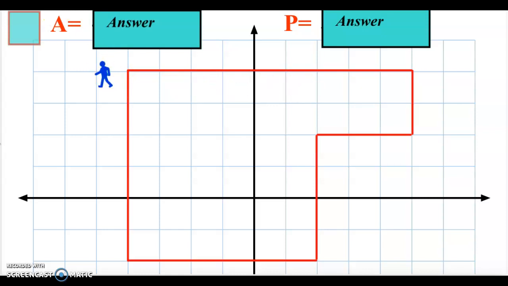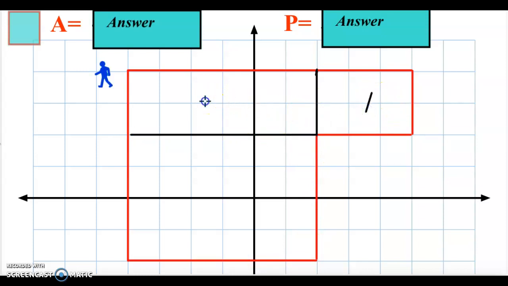For example, I can break it up different ways. I could draw a line going down, and then find the area of this rectangle and this larger rectangle and add them together. I can break it up into 3 rectangles if I want.